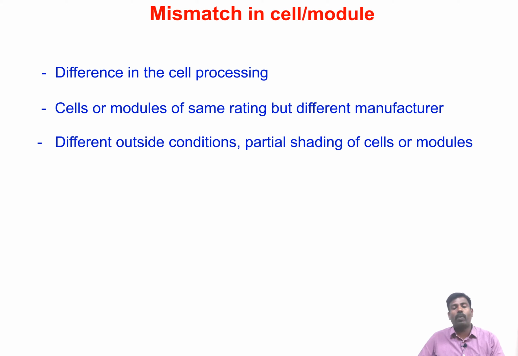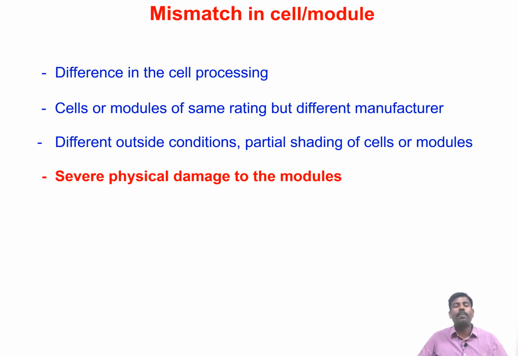So the characteristics of the PV can vary largely between two panels. Partial shading is one thing, and sometimes when installing the PV modules, the inclination kept between two modules may also be different. That is also a place where we can see how the IV characteristics of the two modules may be different.